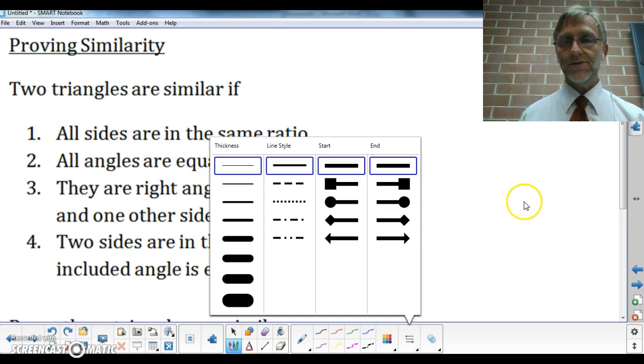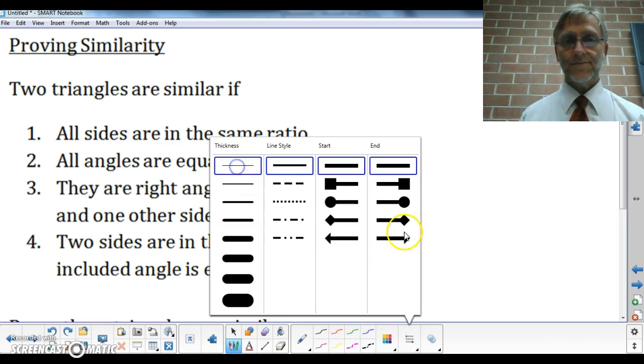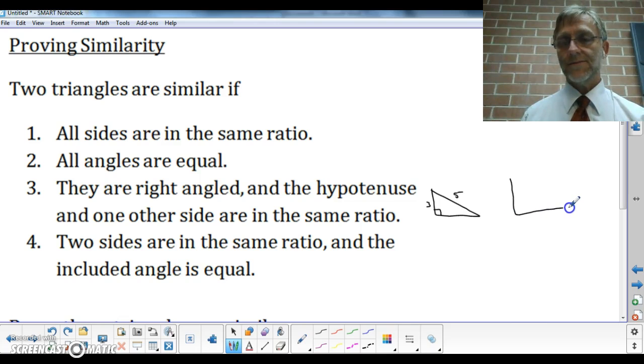Okay, so if you've got two right-angled triangles like this, and you know this is a 5 and that's a 3, and another one like this, you might know that that's a 9 and that's a 15.